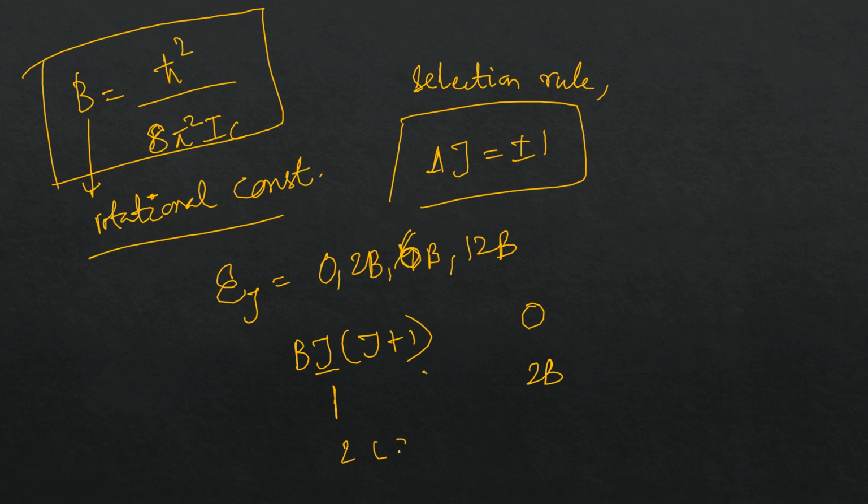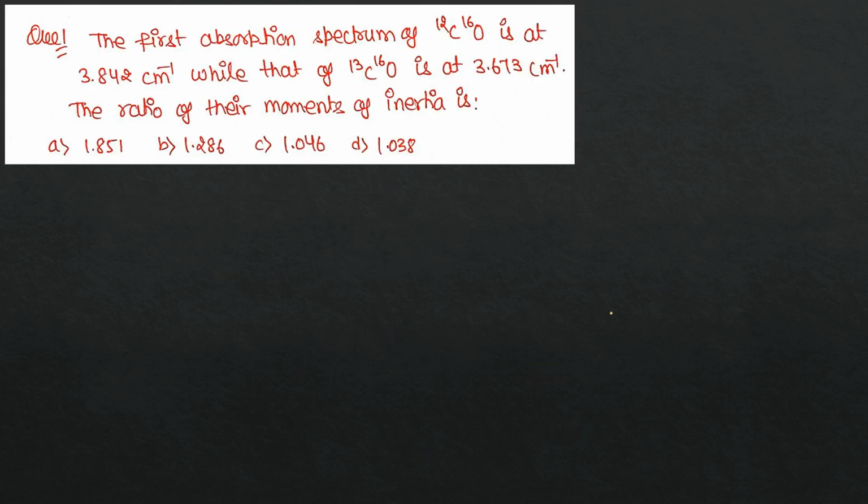If it is 2, then 2 into 3, that is 6b. Okay, it will go on like this. Alright.